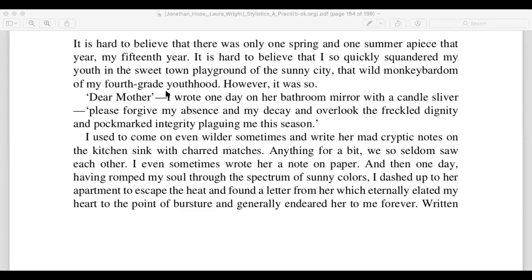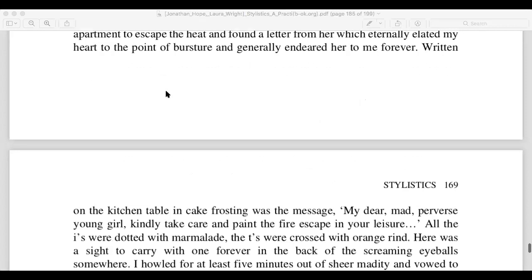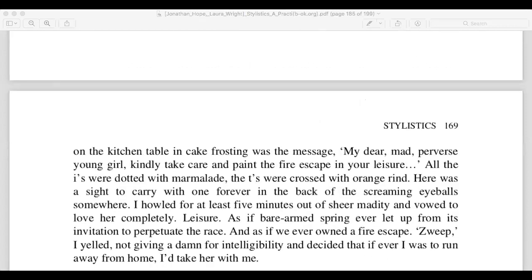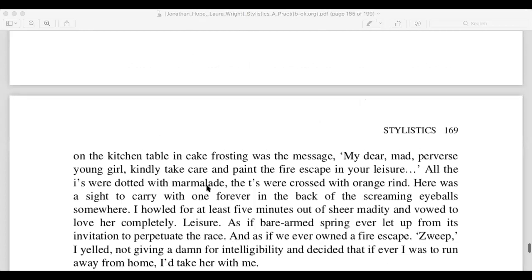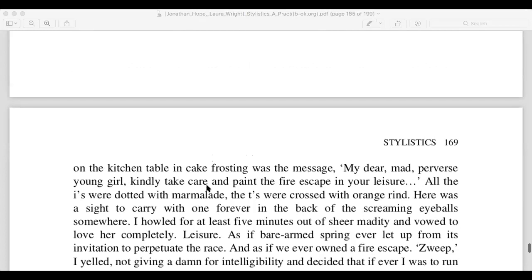And then he wants to show that he was shouting and just being crazy at that point in time, now that he recalls it back. So that's why he uses the word madity instead of madness. And then there is a word busture, instead of using bursting.